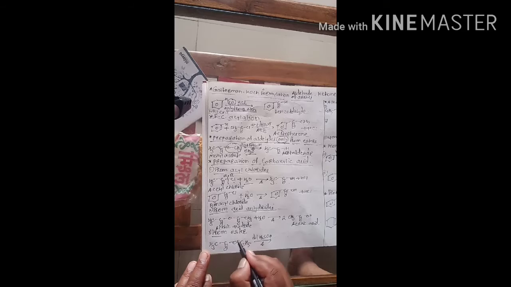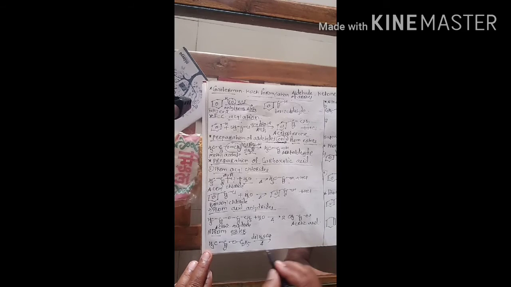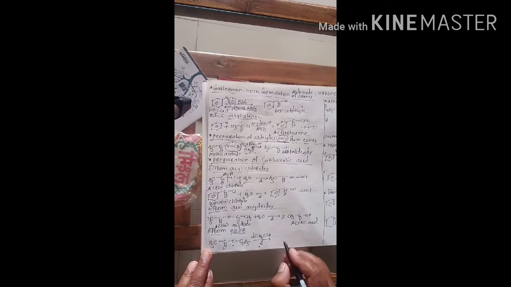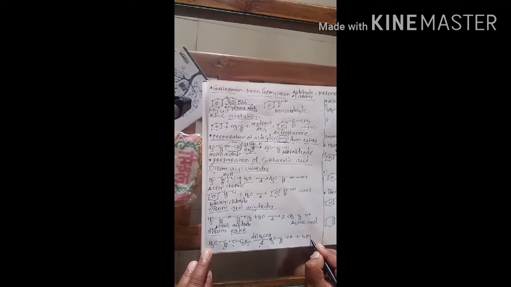Next method is from ester. So this is by acid hydrolysis. So when any ester is treated with dilute H2SO4, it undergoes acid hydrolysis to form CH3COOH plus C2H5OH.